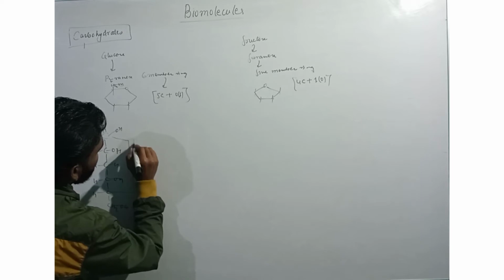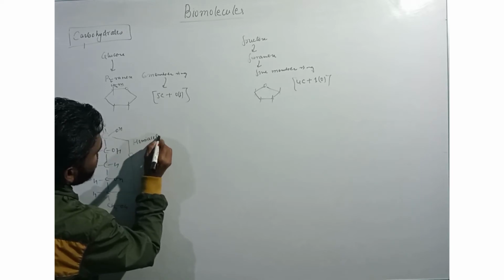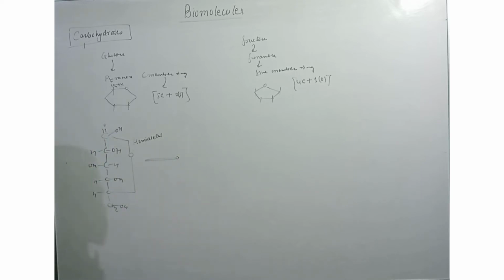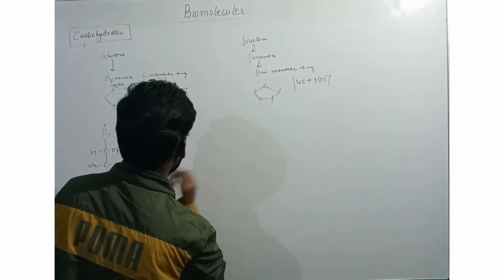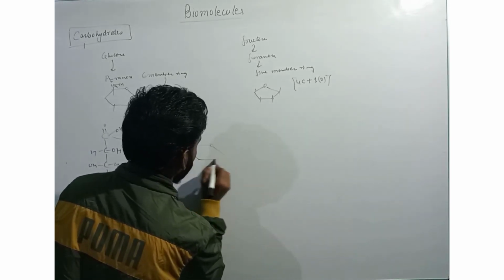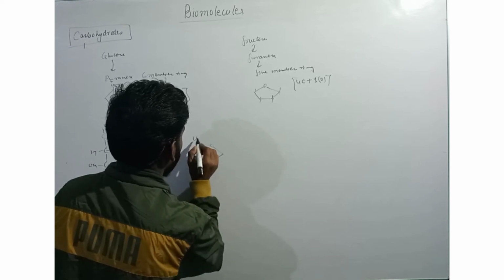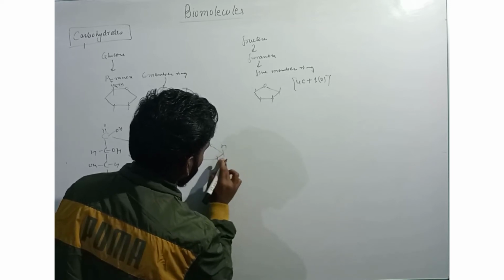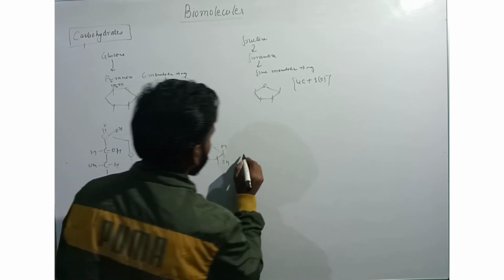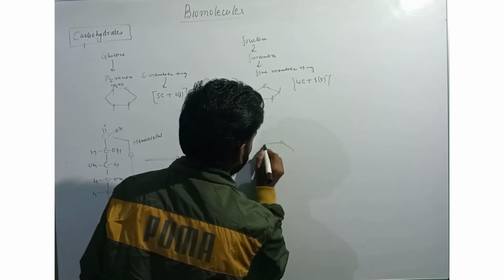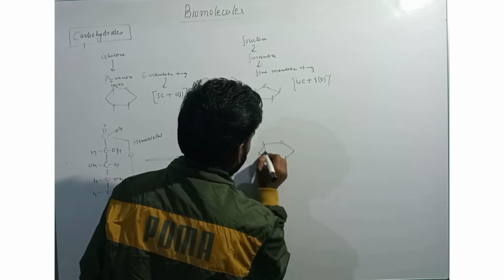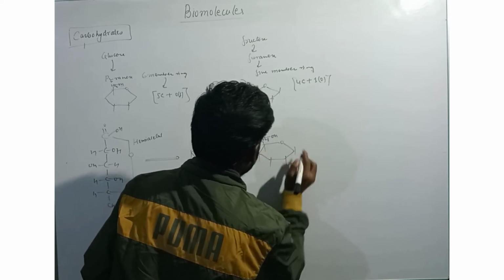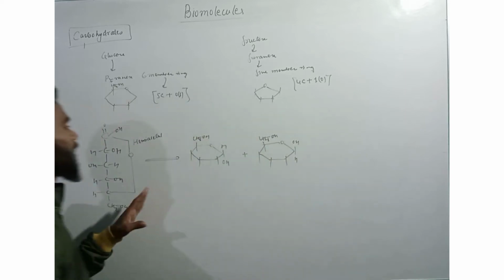Now, it forms a ring structure. So glucose exists in 2 forms.